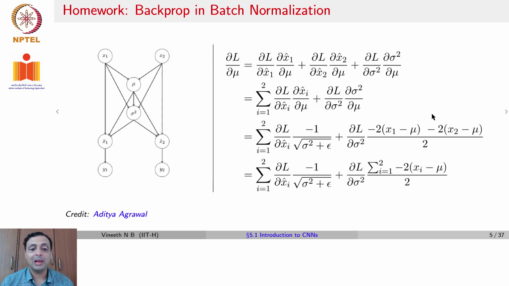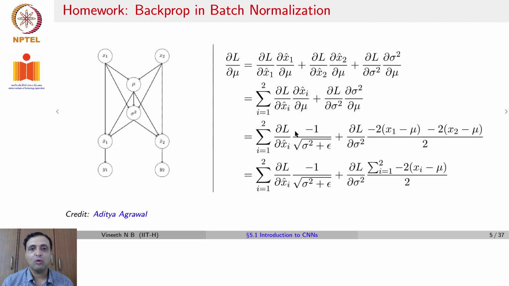Similarly, we have ∂L/∂μ, which is ∂L/∂x1hat into ∂x1hat/∂μ, plus ∂L/∂x2hat into ∂x2hat/∂μ, and also ∂L/∂σ² into ∂σ²/∂μ. So the first two terms get absorbed into a common summation, and the last term stays as it is. ∂xi hat/∂μ is given by this gradient here.